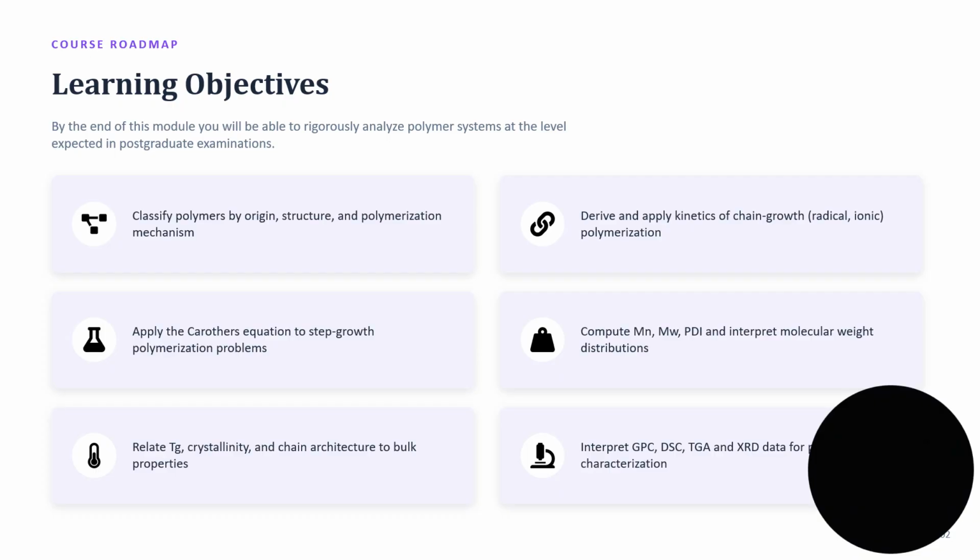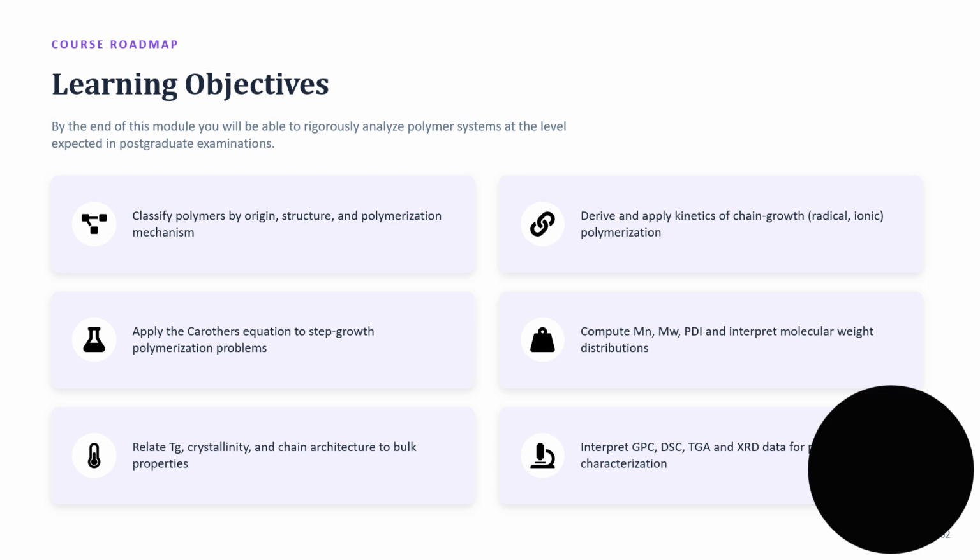Before we dive in, let's see the roadmap. By the end of the session, you'll be able to do six things. 1. Classify polymers by origin, structure, and mechanism of polymerization. 2. Derive and apply the kinetics of a chain-growth polymerization, both radical and ionic. 3.